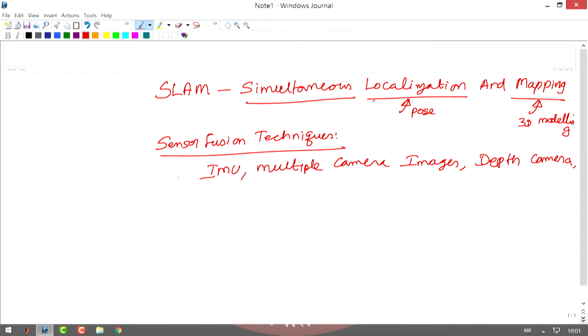So, the SLAM technique takes input from all these things and then estimates the pose as well as the mapping of the 3D environment.